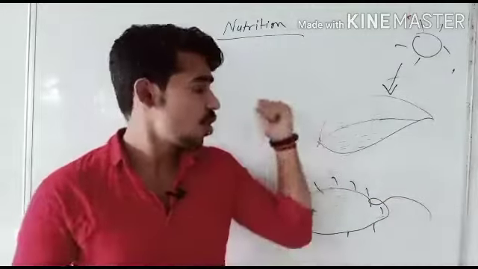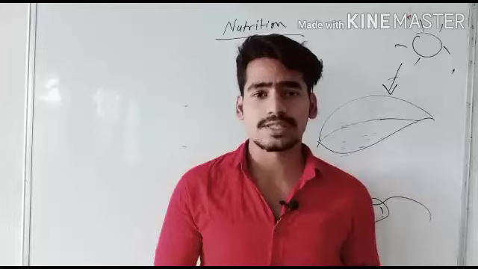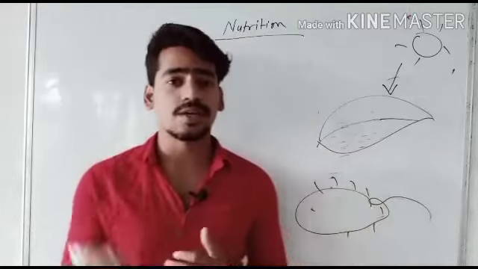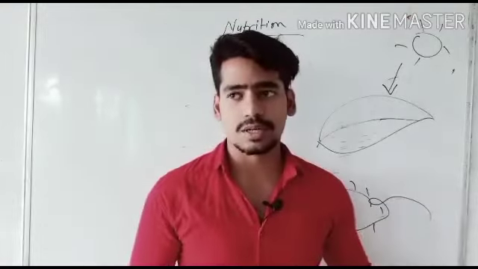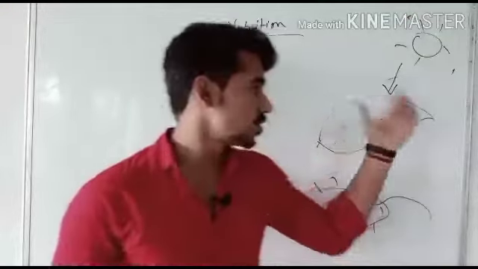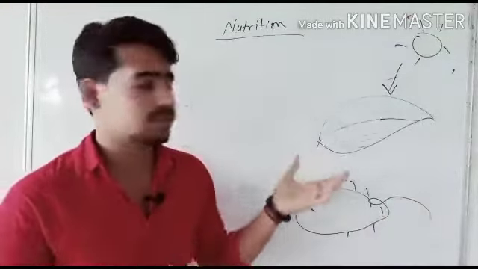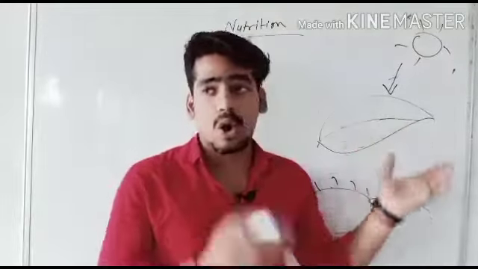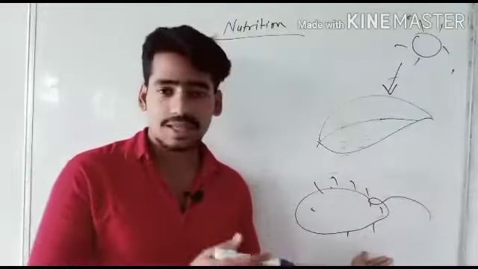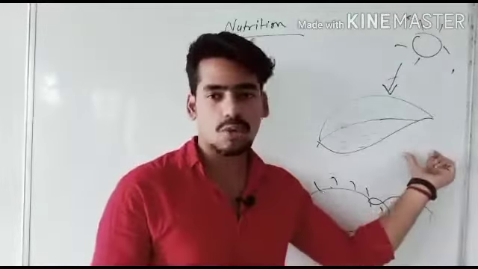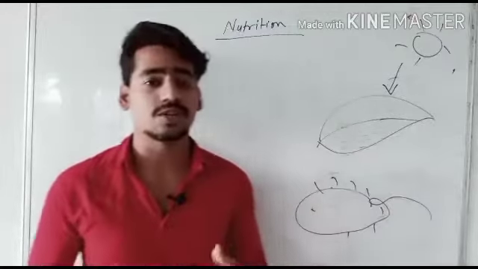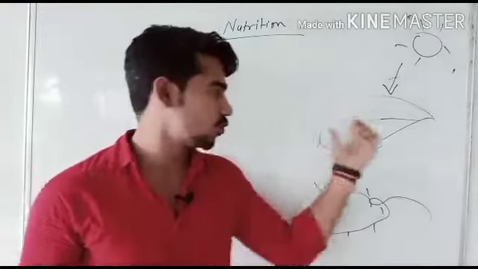So the heterotrophic mode of nutrition is that mode in which we consume energy from other plants or animals. We take their energy from autotrophic plants and chemosynthetic organisms, for example bacteria. Autotrophic means all the green plants which prepare their own food.